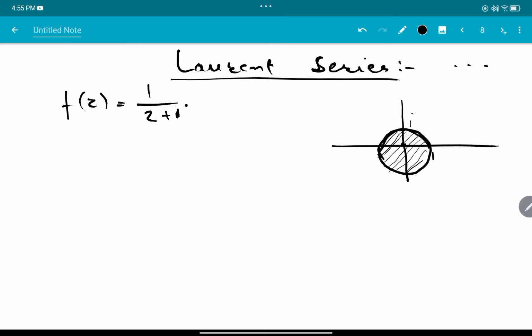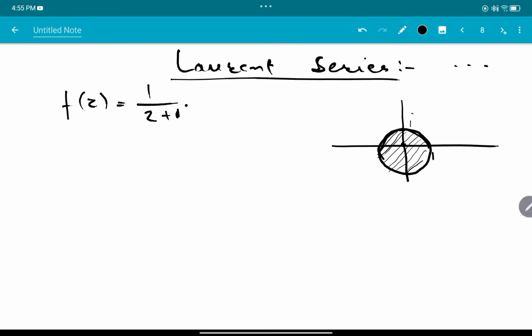It should be less than 1. Within less than 1, this can be expanded as a Taylor series. Beyond that, you can expand it as a Laurent series. So it admits both series expansions, Laurent as well as Taylor. In fact, Taylor series is a special case of Laurent series.